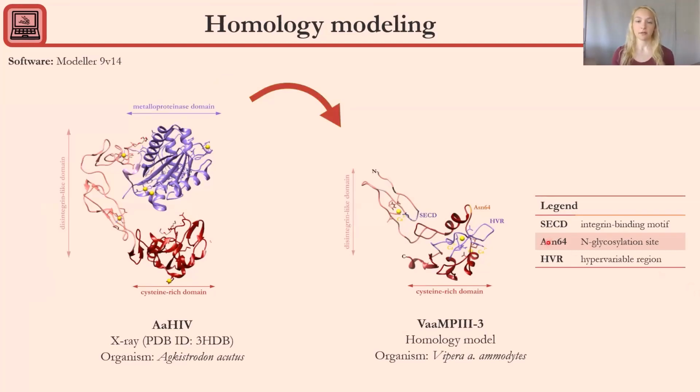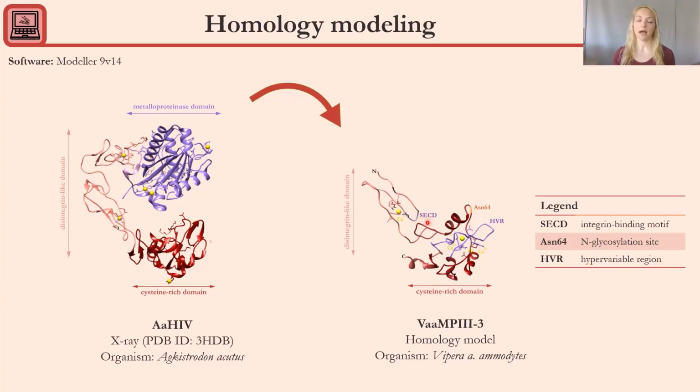So to predict some of its key structural properties, we prepared a 3D model by homology modeling. We used the crystal structure of Agkistrodon acutus hemorrhagin 4 as a template. And as you can see, we found that VAMP33 has a potential N-glycosylation site on its surface and an S-ECD motif in its disintegrin-like domain.